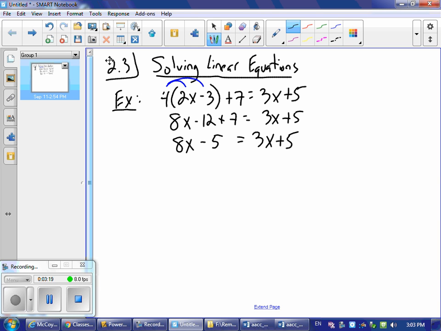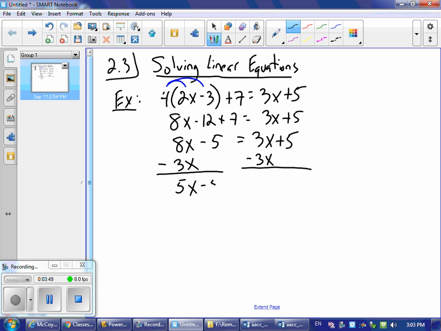Okay. Adding and subtracting, combining like terms, we want to get all of the x's to the left. And again, remember, I try to do the smallest value of x, the smallest coefficient. So I'm going to get rid of the 3x, which is right now a positive 3x, because there's no minus sign out in front. So we want to subtract 3x on both sides. 8x minus 3x on the left is 5x.